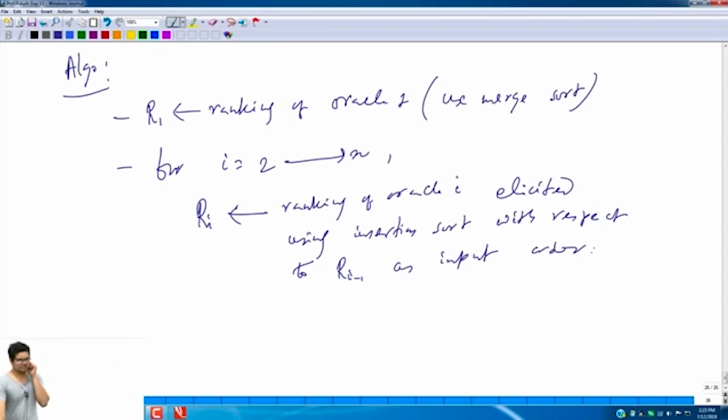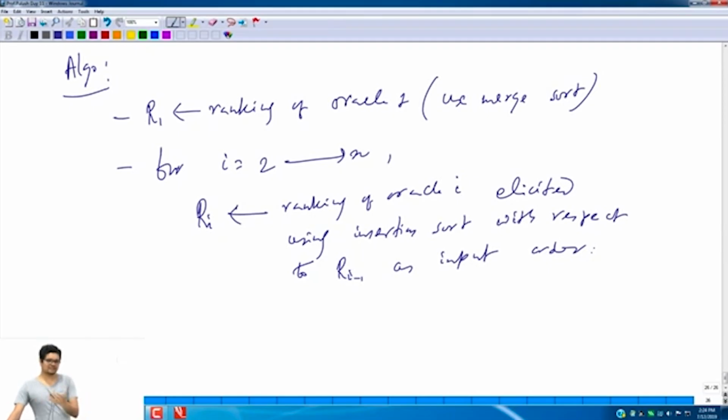So in insertion sort, there is an input ordering, right? Based on which I am moving the window, the order in which the input is given to me. In this case, we don't have any input ordering. So from R2 onwards, I am saying that for R2, you pretend that R1's ordering, which you have already elicited, is your input ordering for your insertion sort.